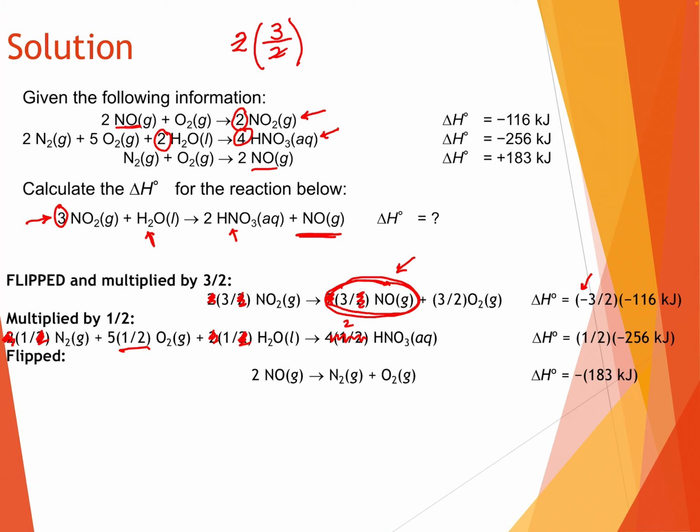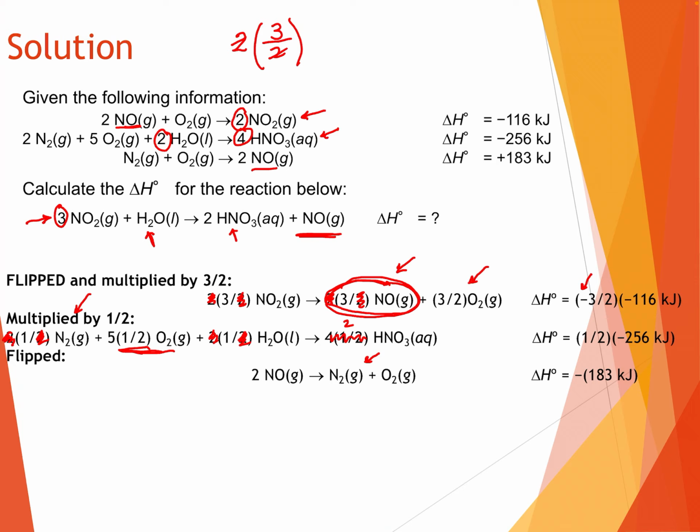This reaction is also being used to cancel out our nitrogen and our oxygen. We talked about nitrogen and oxygen being our intermediates. Right now we have 1 nitrogen that's still going to be left on this reactant side, so we're going to make sure that there's 1 nitrogen on our product side in this reaction so that they will cancel out and be gone. Right now we have 5 halves oxygen on our reactant side, and we have 3 halves oxygen on our product side.